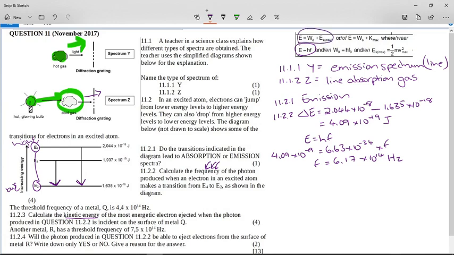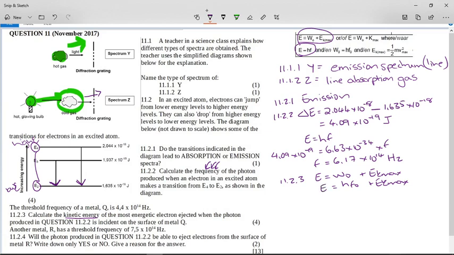Okay, so if we come here, we're going to write out the equation. We've got the energy equals the work function plus EK max, but we know that the work function is equal to hf0, where f0 is the threshold frequency.